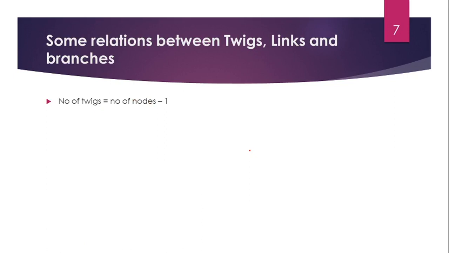So there are some relations you may find from the above analysis of tree, cotree, twigs and links. The number of twigs is nothing but the number of nodes minus 1, as we have seen. So you may write that T, the number of twigs, equals n minus 1, where n is the number of nodes. And the total number of branches is nothing but twigs plus links.